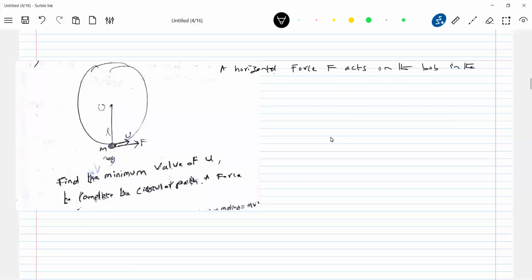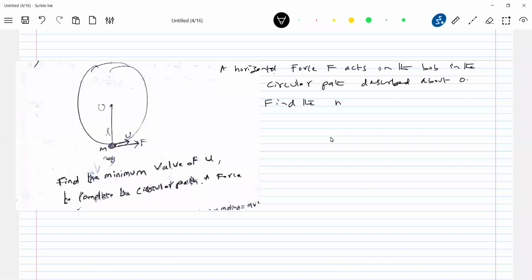In the circular path described about O, find the minimum value of U to complete the circular path, at the lowest point. I'll complete the question.